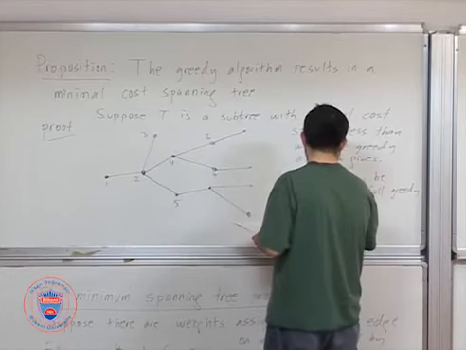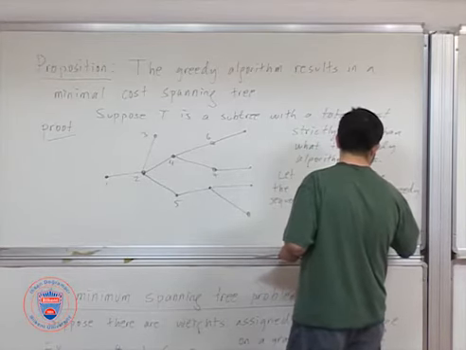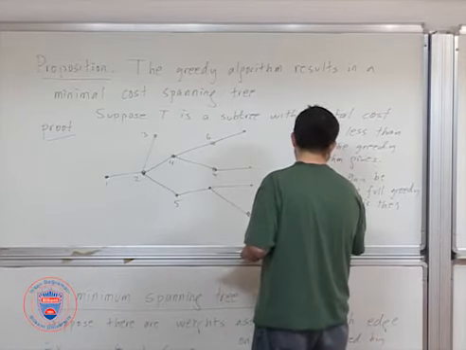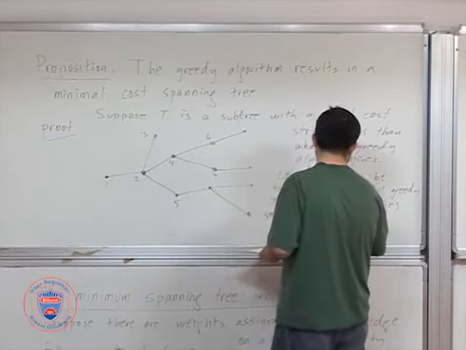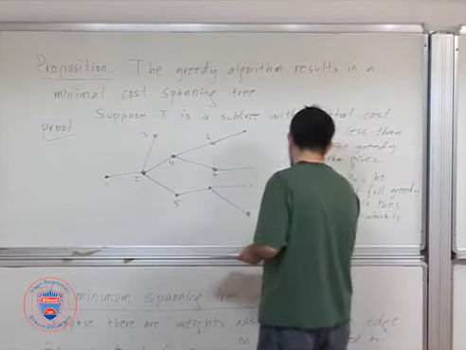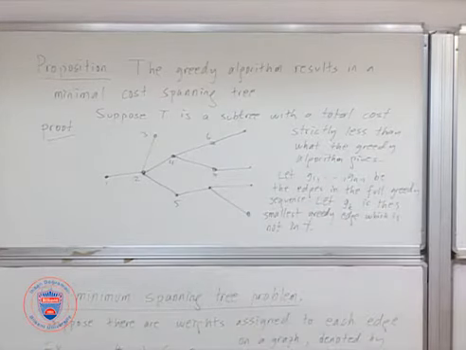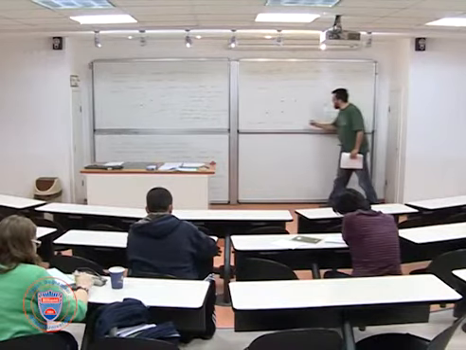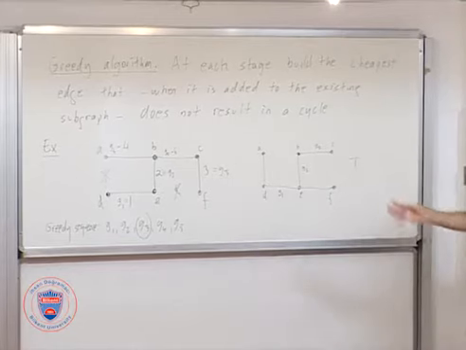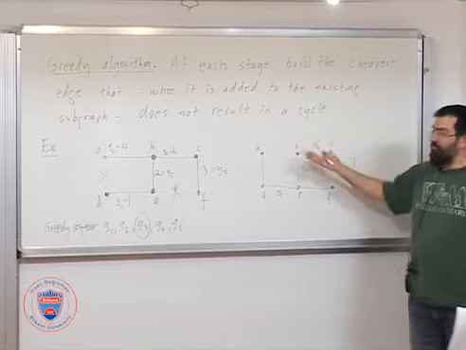Let Gk be the smallest greedy edge which is not in T. So in this greedy sequence, when you look at T, G3 is the first one which is not in T. This is when the greediness breaks in T. In T there's G1, G2, but G3 is not there.